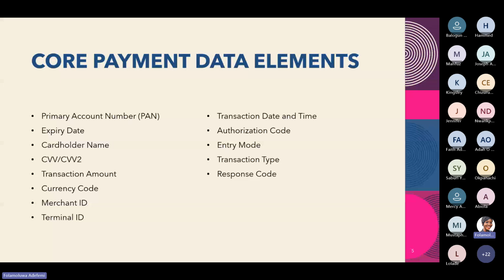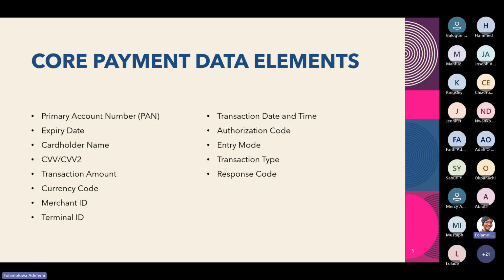You have the transaction amount. You have the currency code. The merchant ID, in this case, is the ID of the merchant. So for that transaction, we can identify what merchant was paid or what merchant was involved in the transaction.